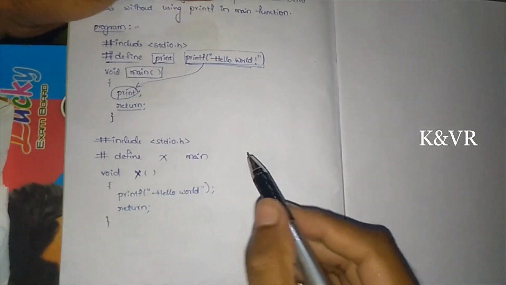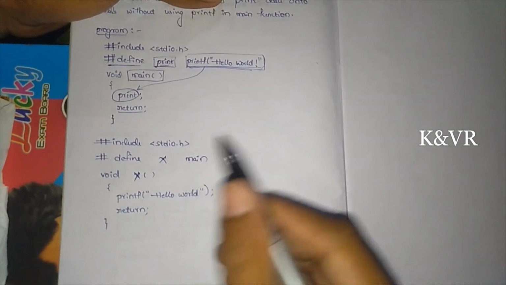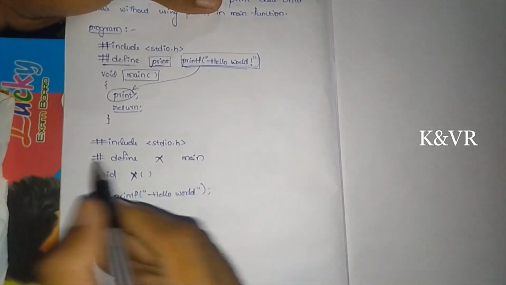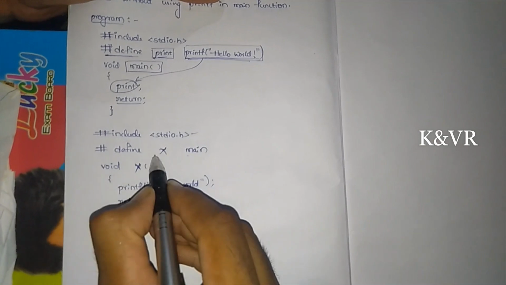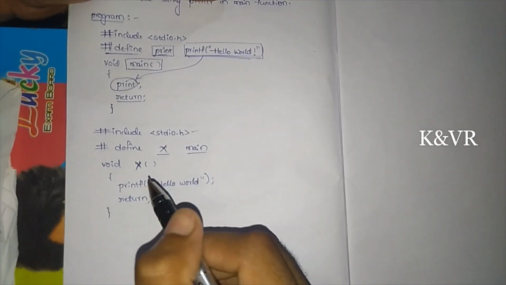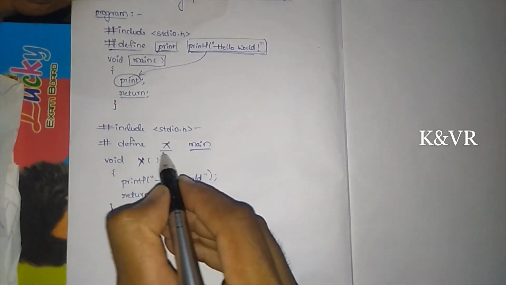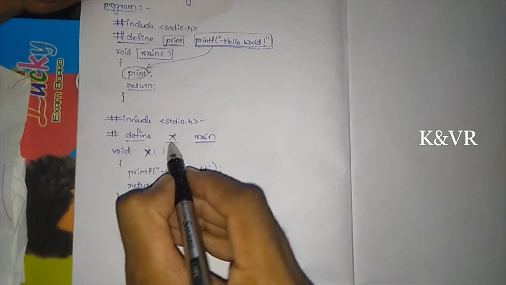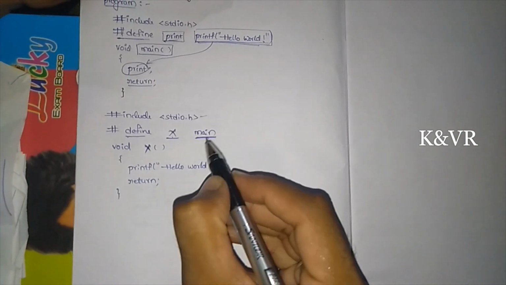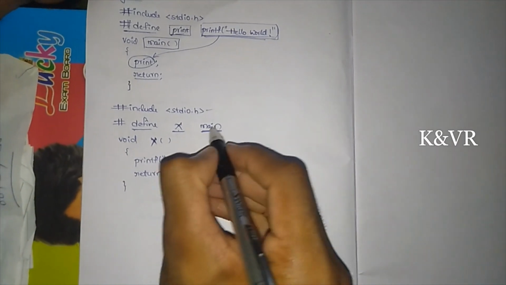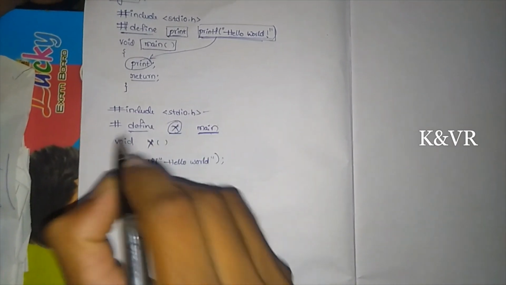Here, while our compiler starts compiling our program and header file, this x is renamed as main. #define x main means define x as main, which means x is replaced with main.